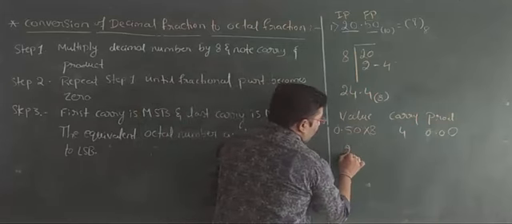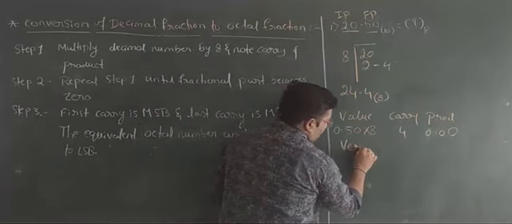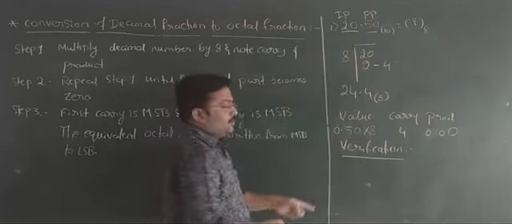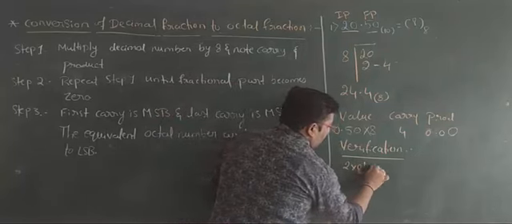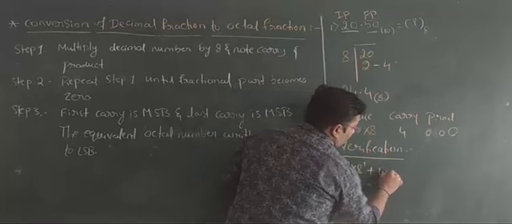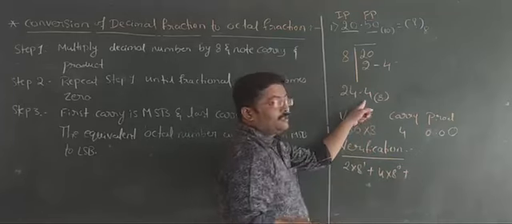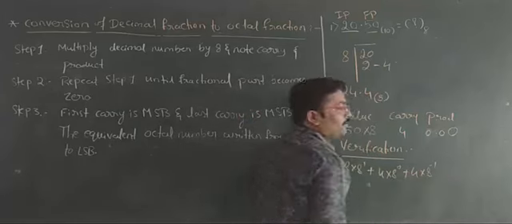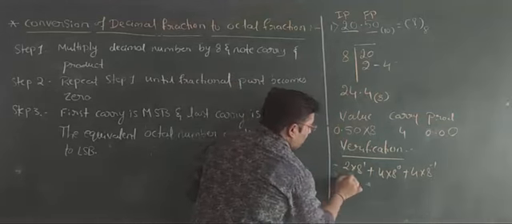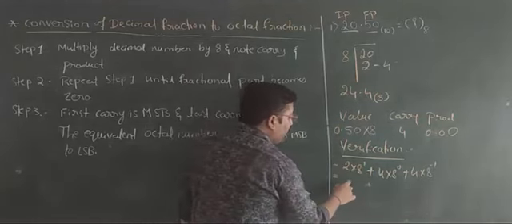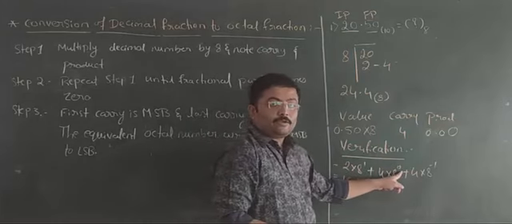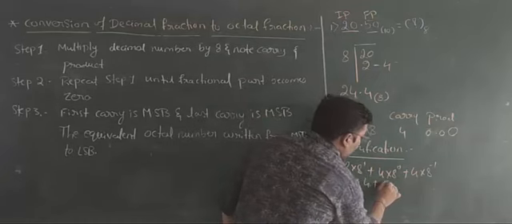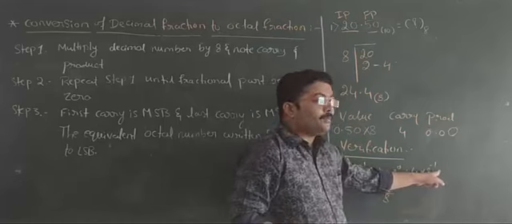So first, 2 into 8 raised to 1, plus 4 into 8 raised to 0, plus 4 into 8 to the power of minus 1. 8 raised to 1 is 8, 8 twos are 16. 8 raised to 0 is 1, 1 into 4 is 4. Then 4 into 8 to the power of minus 1 is 4 divided by 8.